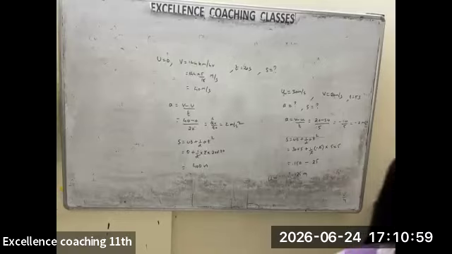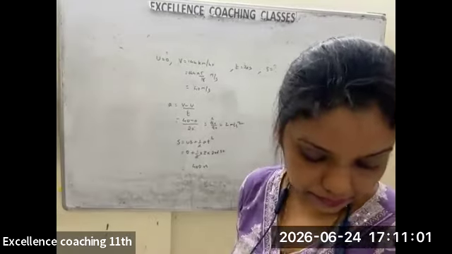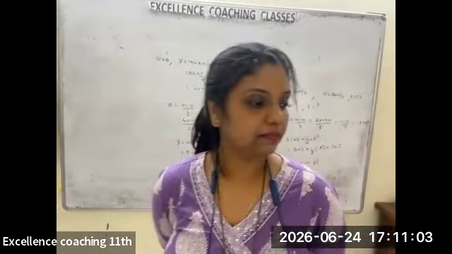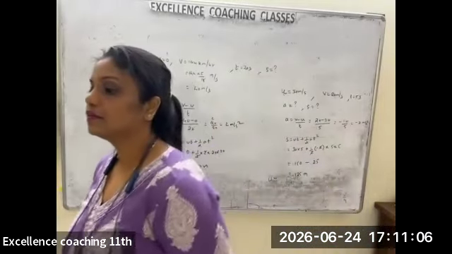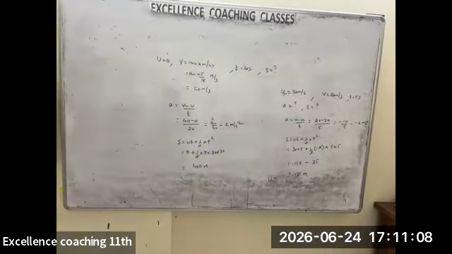Velocity is asked at t equal to 1 second. What do you have to do? Differentiate your displacement equation. Your r is given. So is this r or x?